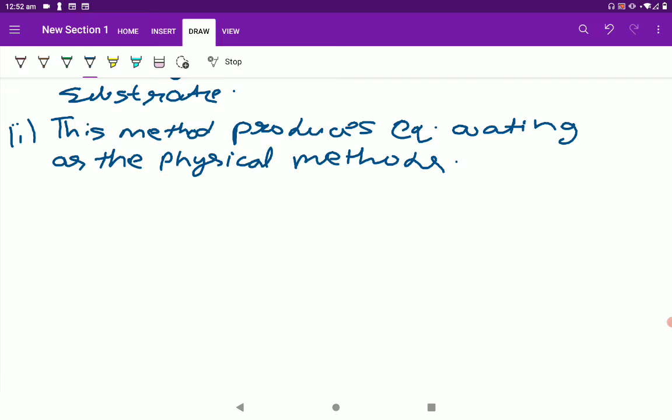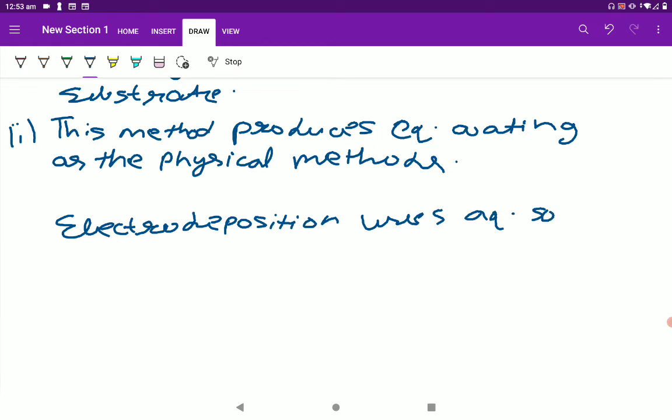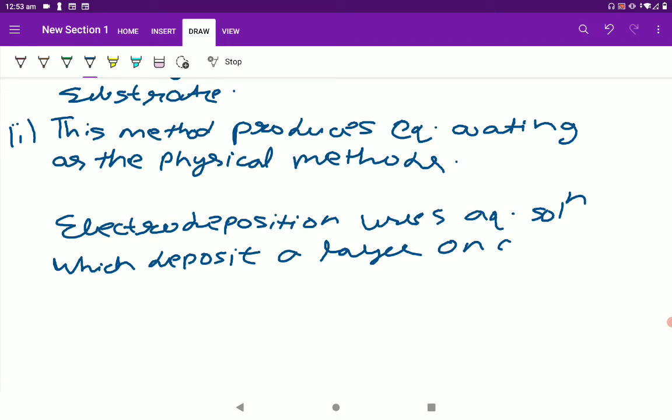For example, electrodeposition uses an aqueous solution which deposits a layer on our substrate, forming a liquid solution.